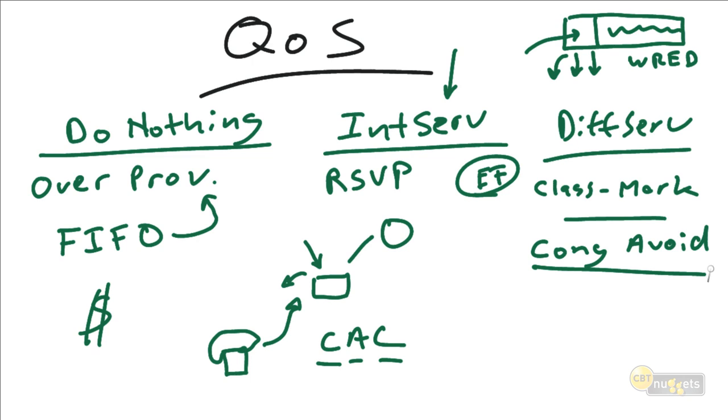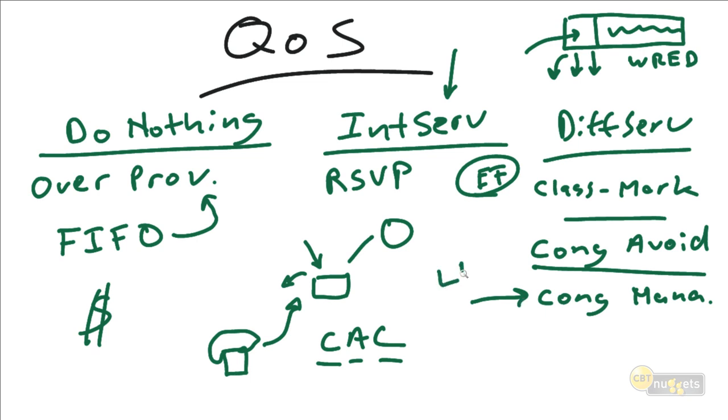Pretty amazing. Then there's congestion management. Congestion management is the area of QoS that we call queuing. Queuing is done at congestion management. It's what to do with the interface when there is actually congestion.